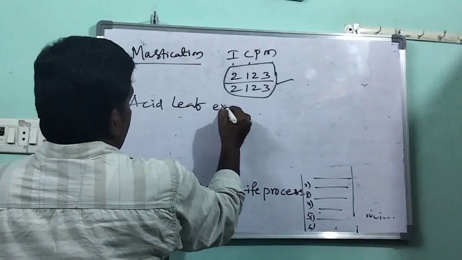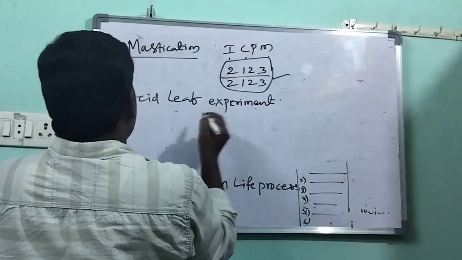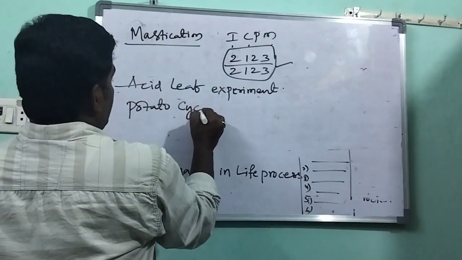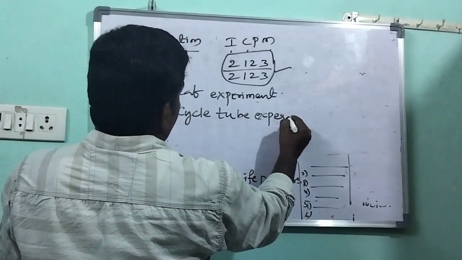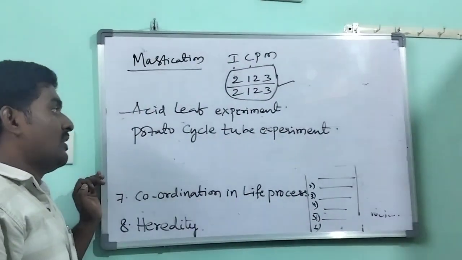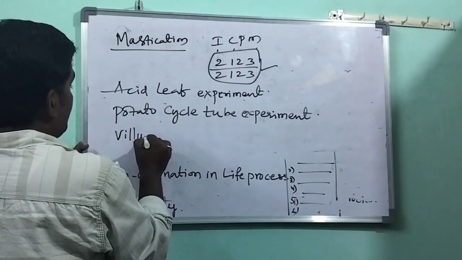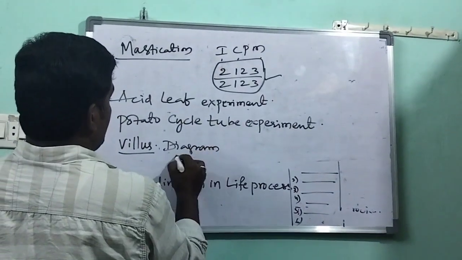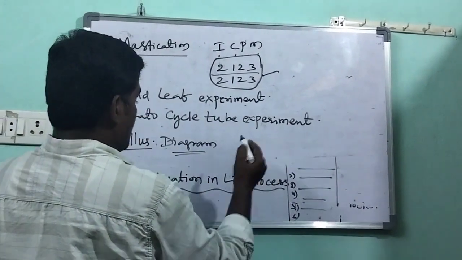Next, potato osmoscope experiment. Right, and one more diagram: the schematic diagram of villi. So these are the important topics from your coordination in life processes chapter.